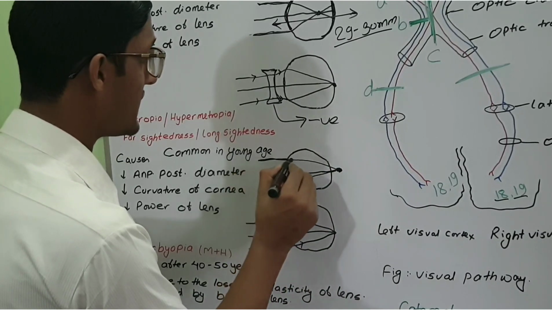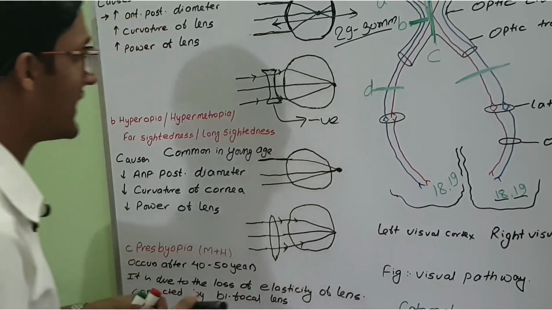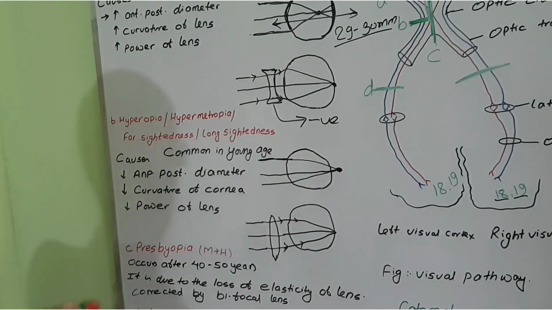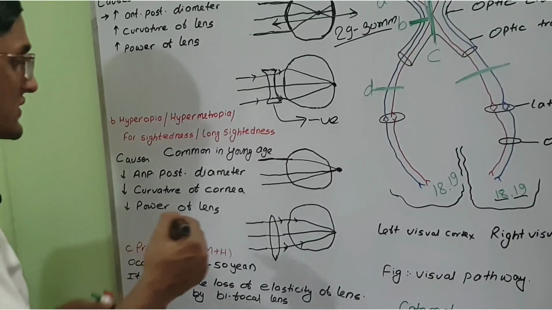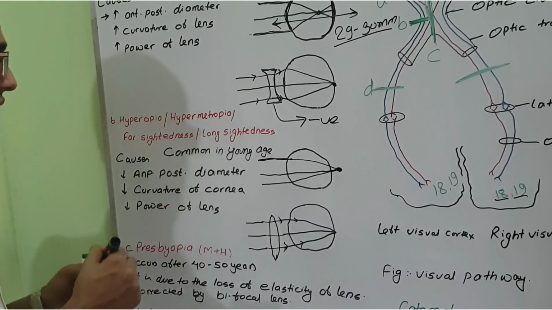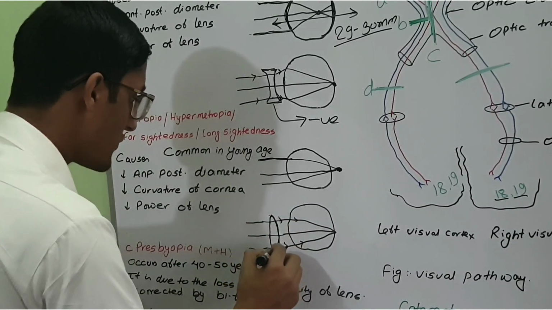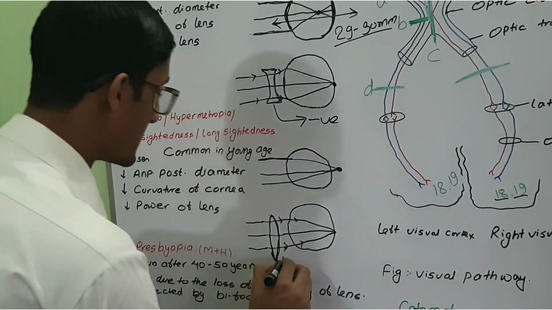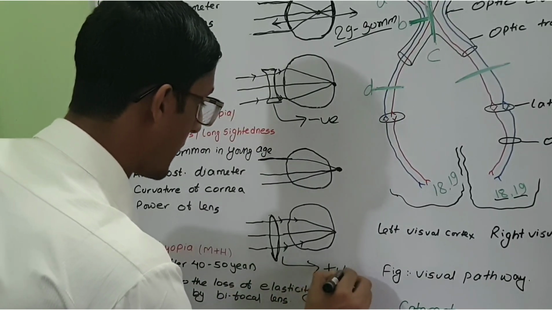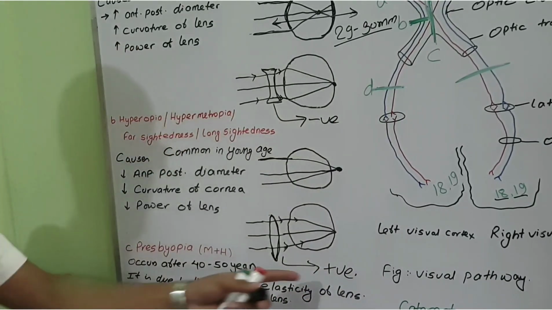Light comes from the infinity source and focus occurs behind the retina. So to correct hypermetropia, we have to use a suitable power focal length of convex lens. This is a positive focal power lens.